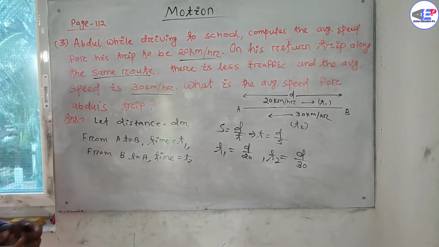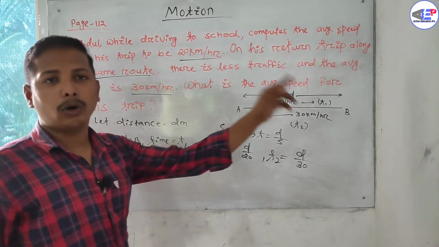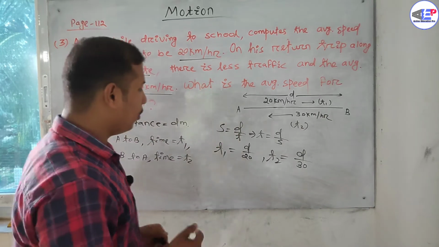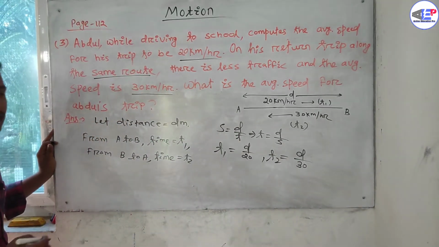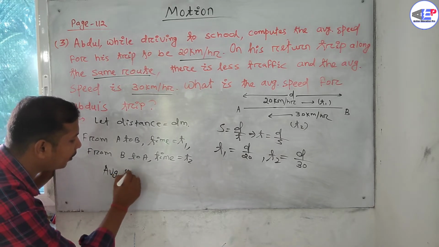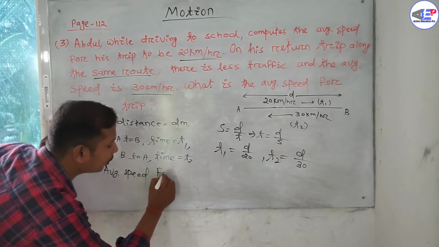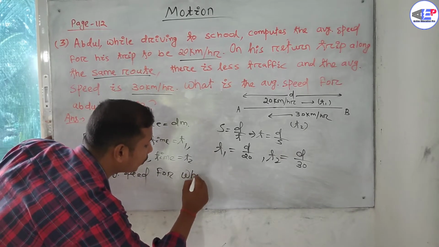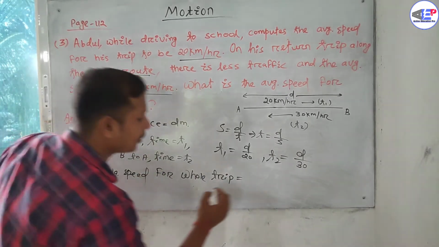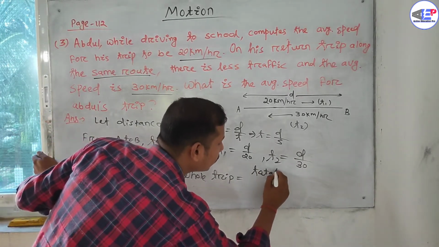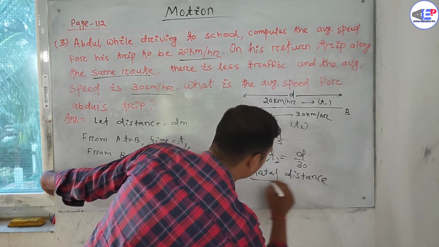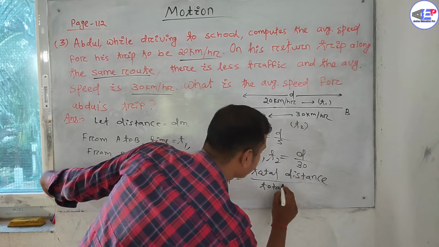Now we will calculate the average speed for the whole journey, that is from point A to B and B to A. We know that average speed is total distance covered divided by total time.